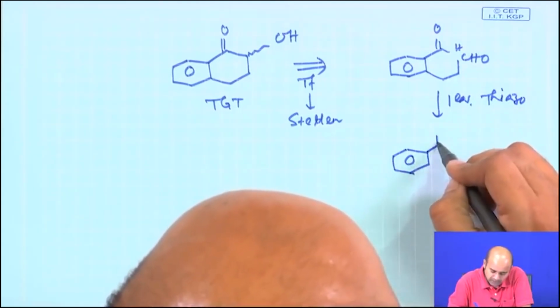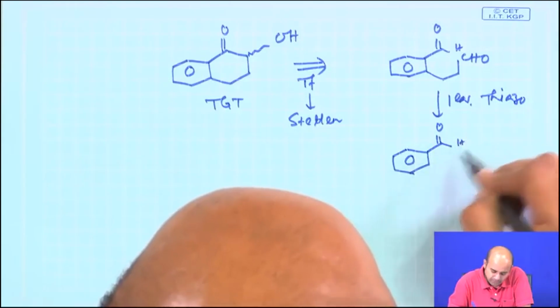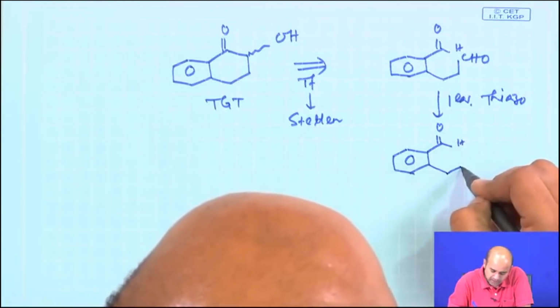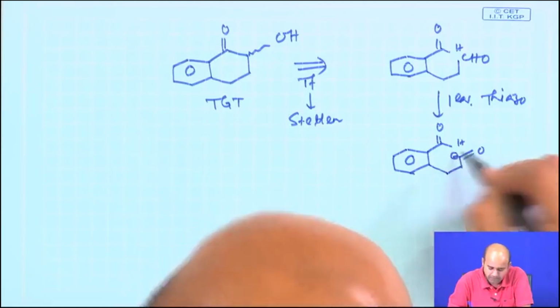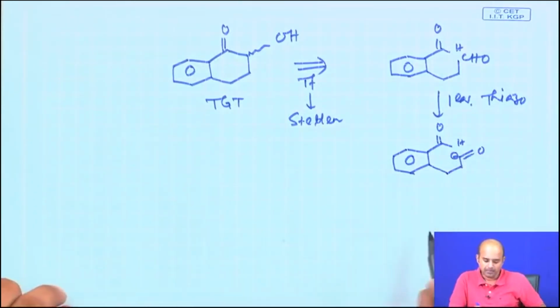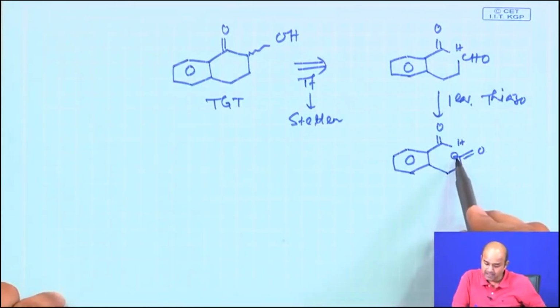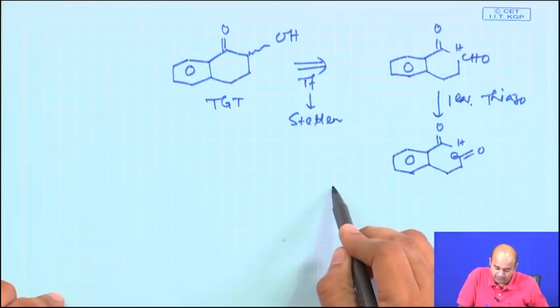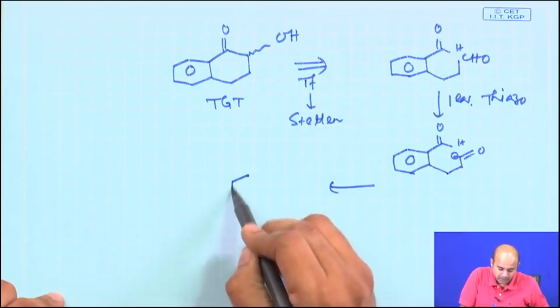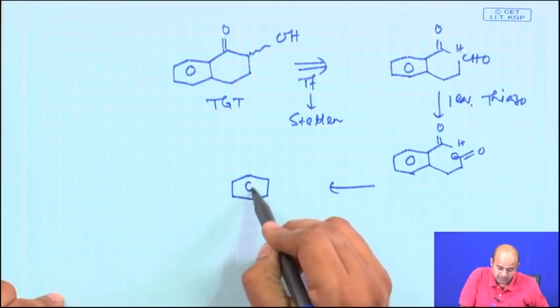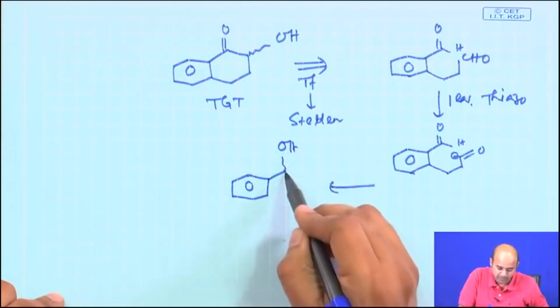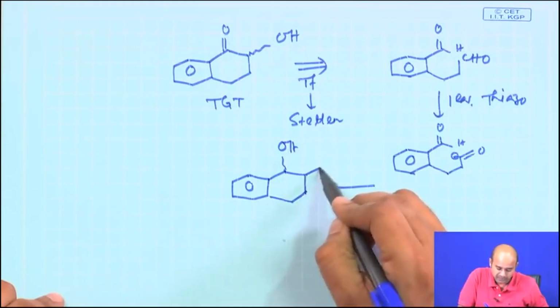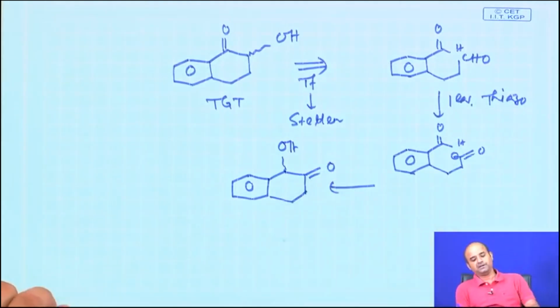Let us say I am generating this umpolung species, thinking that aliphatic aldehydes are much more reactive than the corresponding aromatic aldehyde. But if this aldehyde has been generated as your main carbanion, you will get a different product. It is not the real target which you are looking for. In that case, basically you will be getting this product, isn't it?